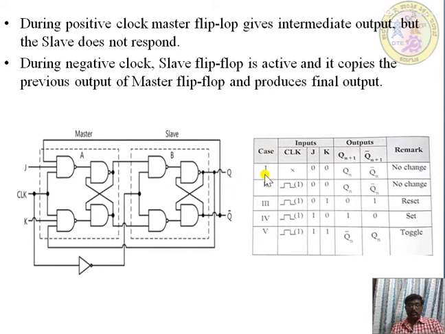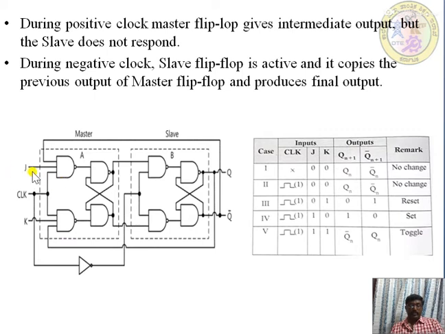Okay, so these are the first ones. Whatever might be the inputs, if we are not giving the clock, it will be in the previous state. And during the second condition, when clock is high, if J and K are both 0 0, obviously it will be in a no change state.